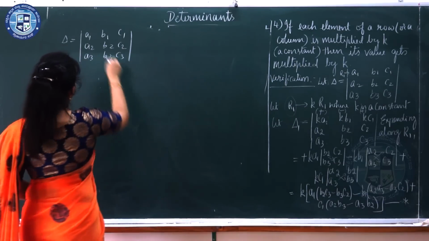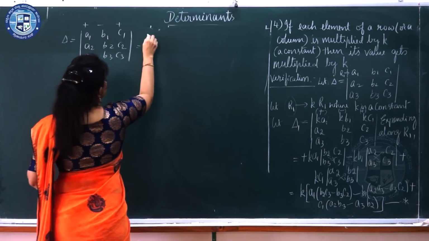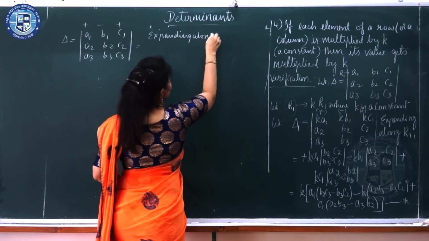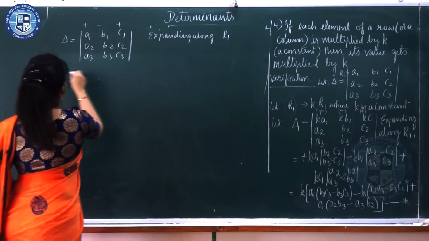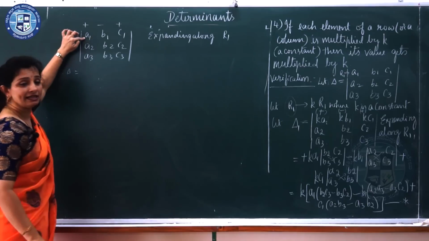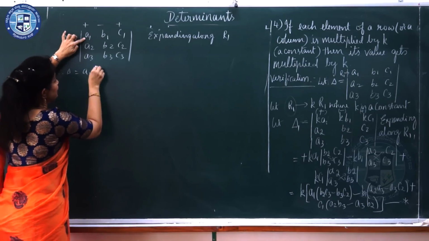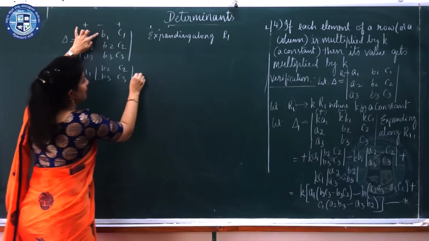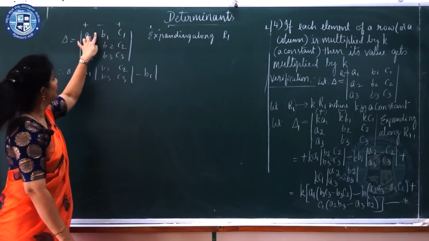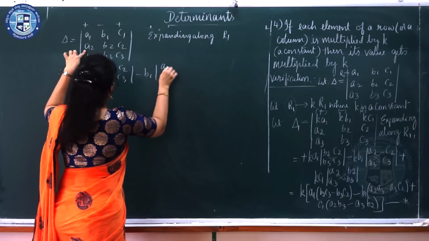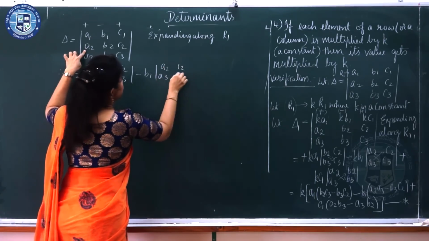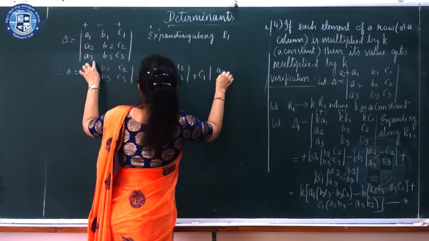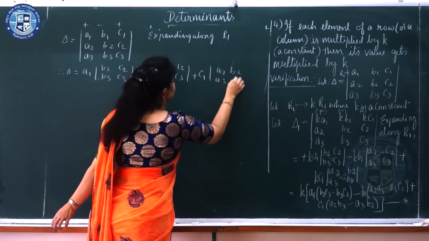Now expanding along the first row, plus minus plus, expanding along first row R1, we can write delta is equal to A1 into determinant of B2 C2, B3 C3, minus B1 into, delete the first row and second column, A2 C2, A3 C3, plus C1 into A2 B2, A3 B3.